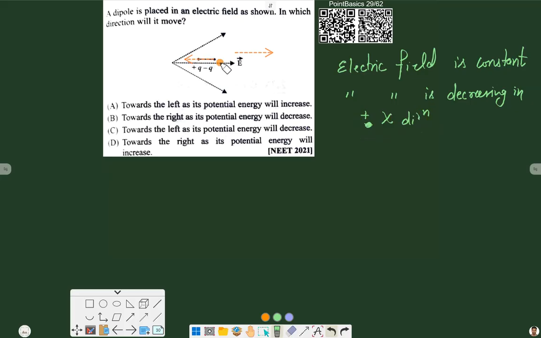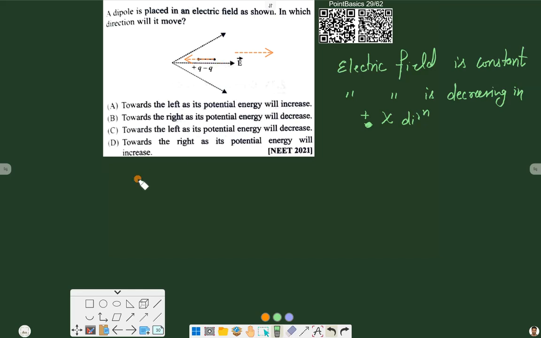As we are moving in the positive x direction, the value of the electric field is decreasing because the space between the electric field lines is increasing. If the space between electric field lines remains constant, then the electric field is constant. If it increases, it means that the value of the electric field is decreasing, and if the space is decreasing, that means the electric field is getting stronger.